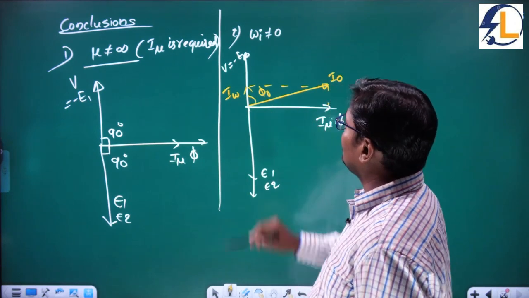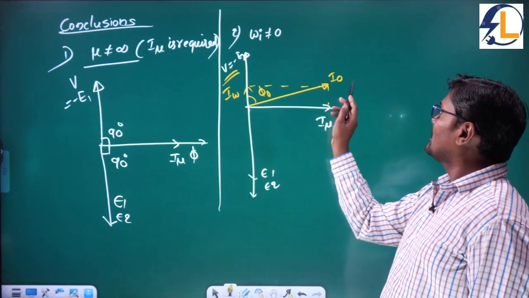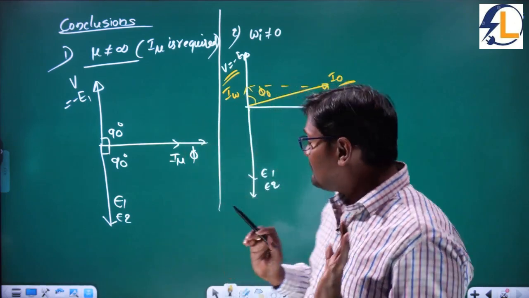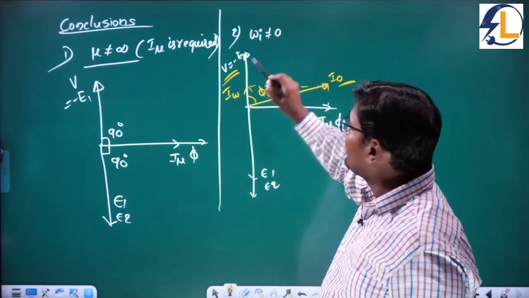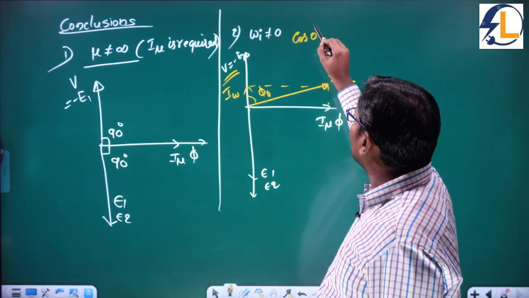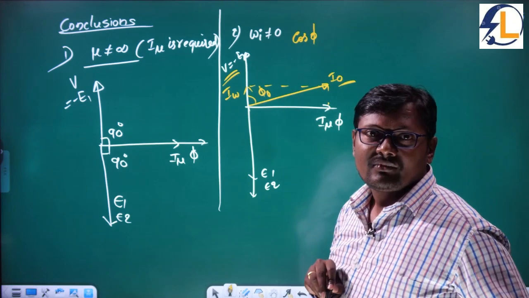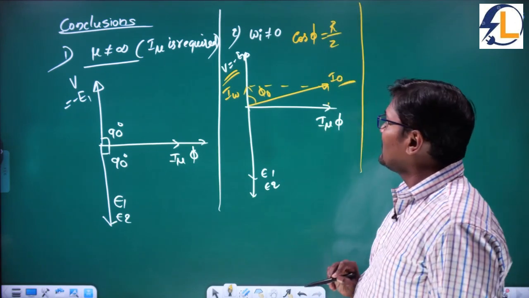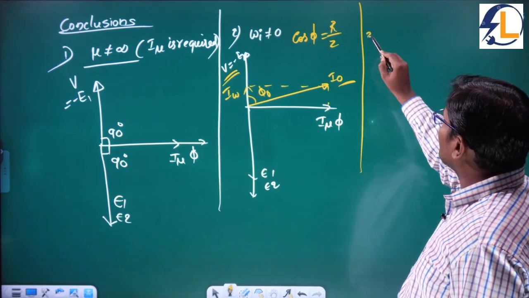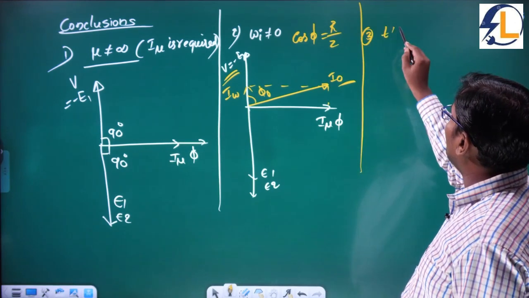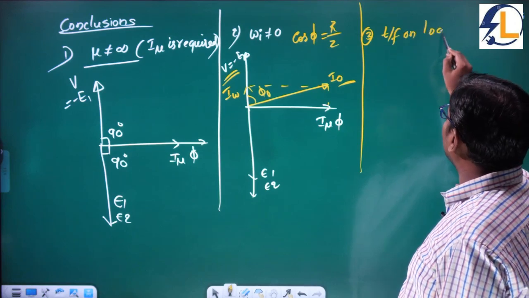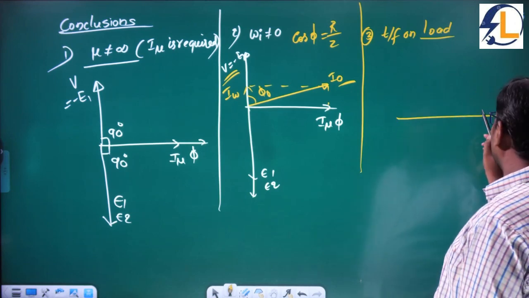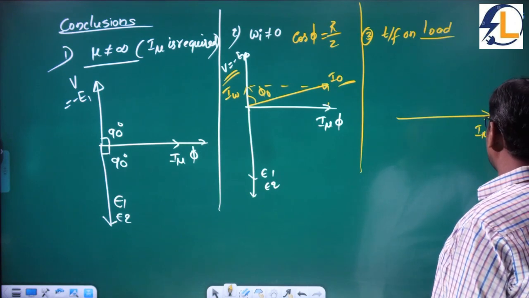The angle between the supply voltage and current is called the power factor angle. Remember, the power factor angle is called phi. Power factor is represented with cos phi. It is a ratio of resistance to impedance. And while we are considering the transformer on load condition, this is about the magnetizing component of the current.